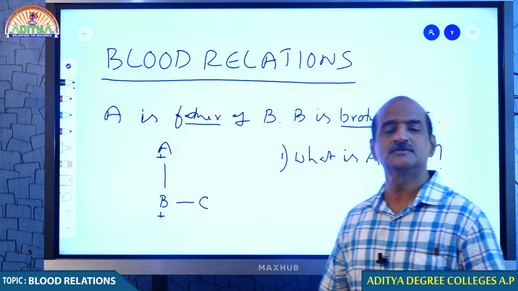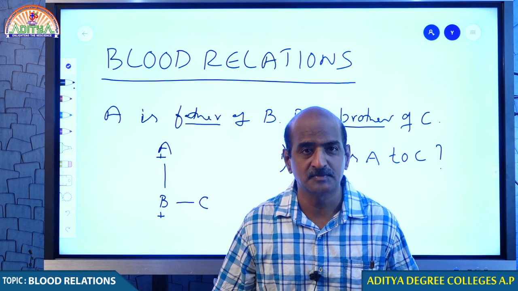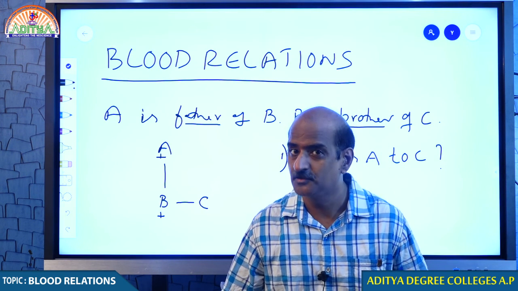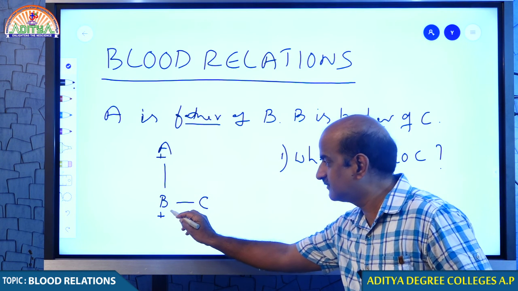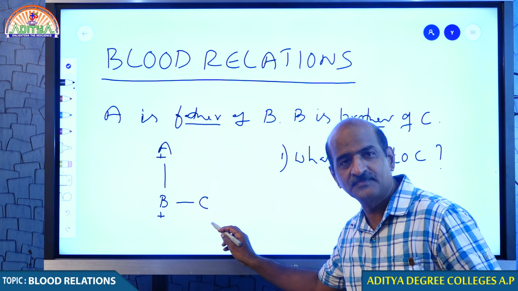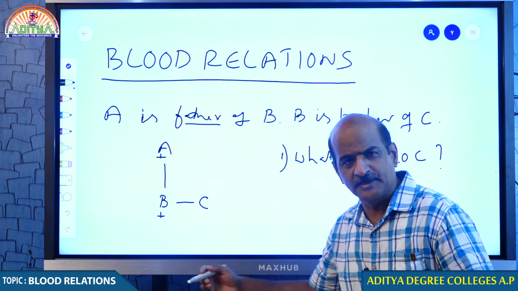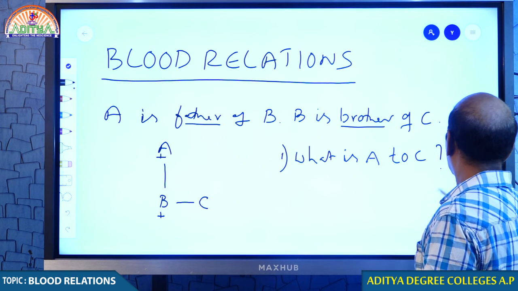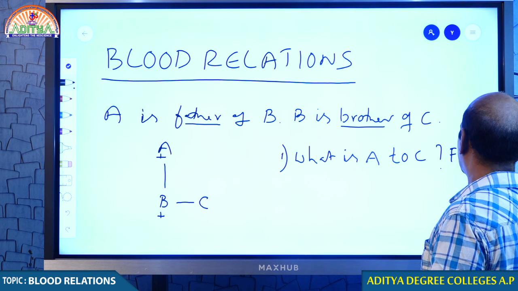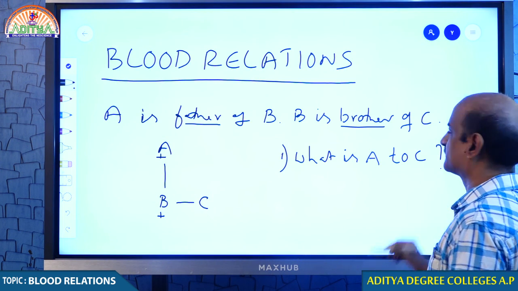No. Still we can answer this question. You know how? Because A is male, A is father of both B and C. So A is father only, even though we do not know the gender of C. We can definitely conclude that A is father.